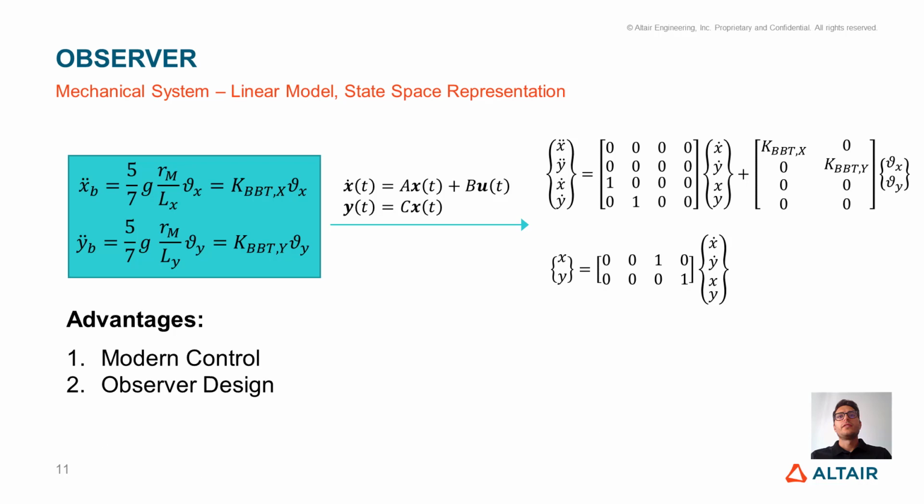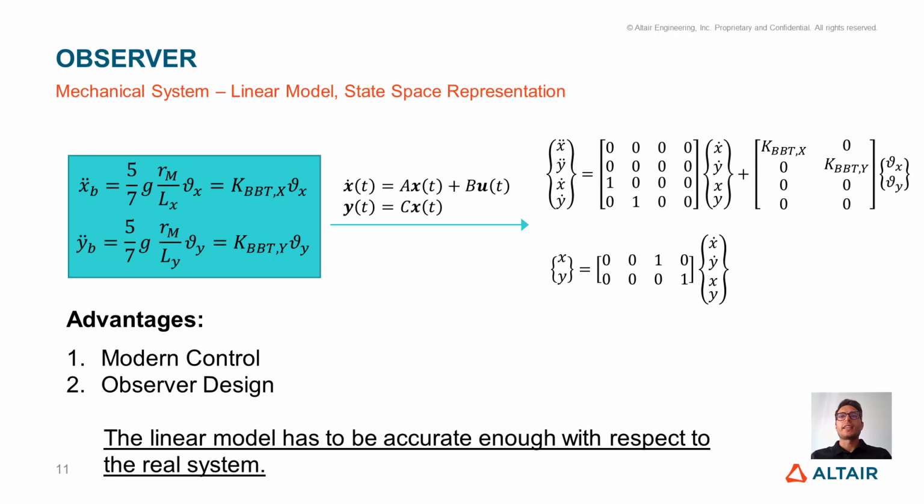Of course, the linear model should produce results accurate enough compared to the real system. Indeed, we have seen that we are in this case with our BBT. Instead, if the linear model isn't accurate at all, the observer will produce poor estimates, and the system performances will decrease.